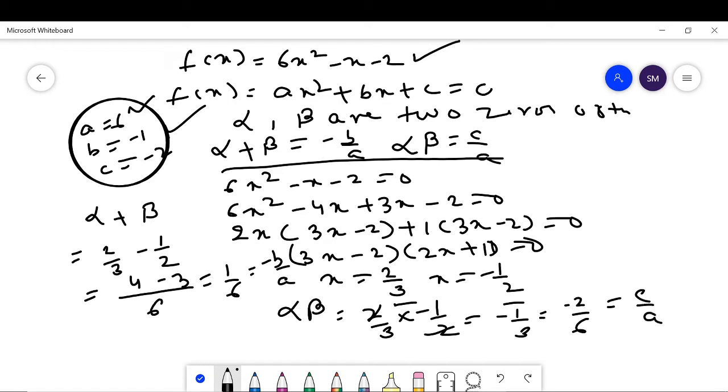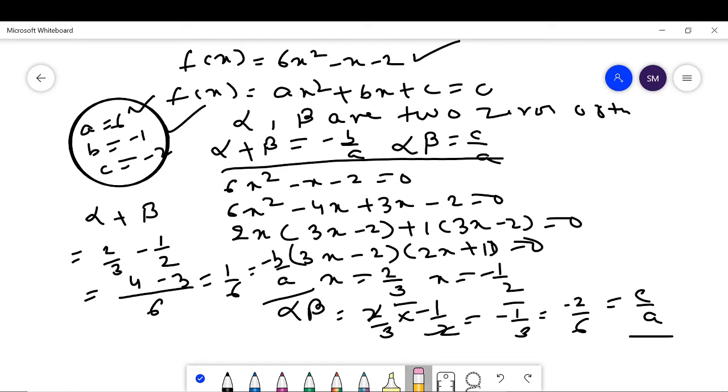Hence verified two properties of the relationship between the zeros of the polynomial and the coefficients of the polynomial. Here we verify that alpha plus beta is minus b upon a and alpha into beta is c upon a.